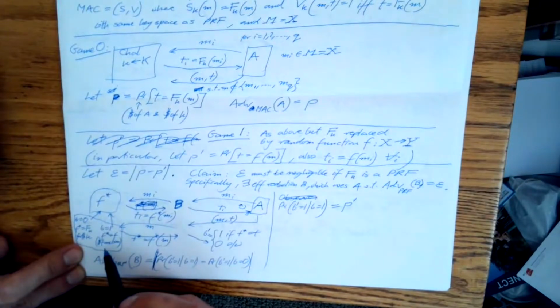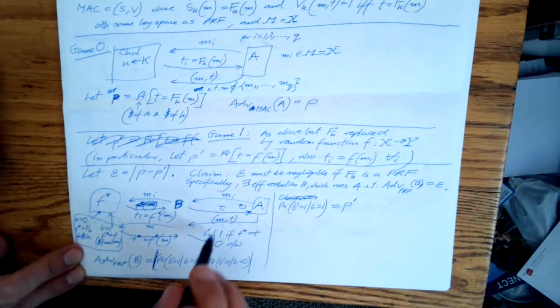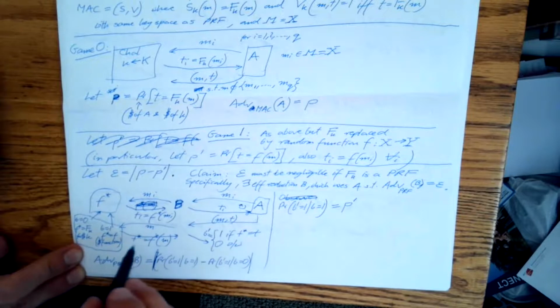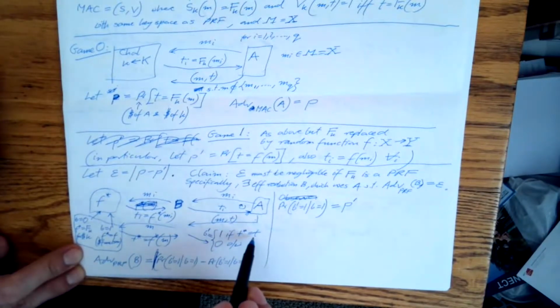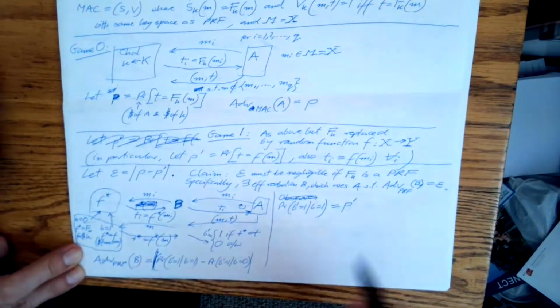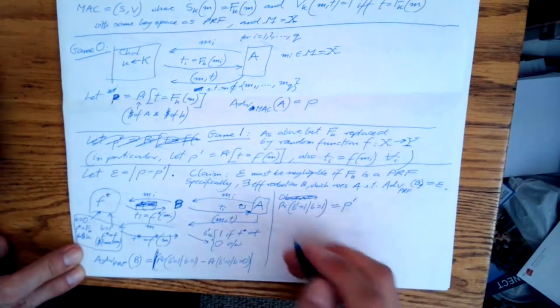And this bit is 1 only if there is an equality here, so if the t here was the correct one. So this probability is P prime.